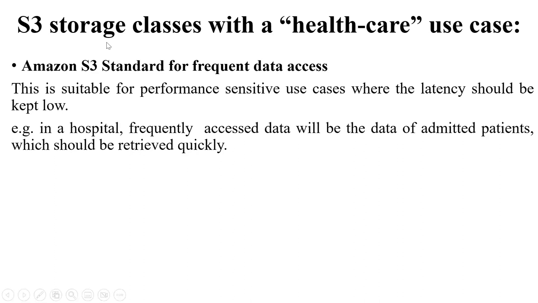One of the storage classes available in S3 is for objects that are required very frequently, without any latency issues, and which should be downloaded immediately. If you have this kind of requirement for your data objects in the bucket, those objects should be placed in the standard storage class, which is for frequent data access.